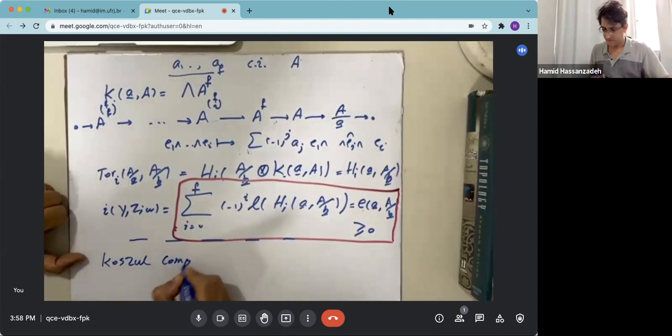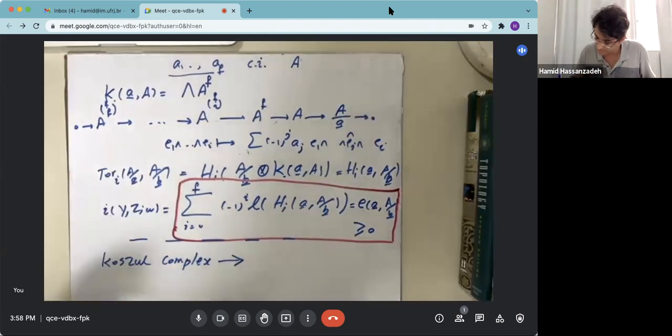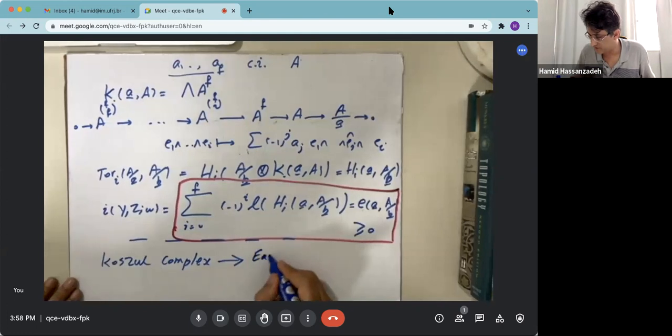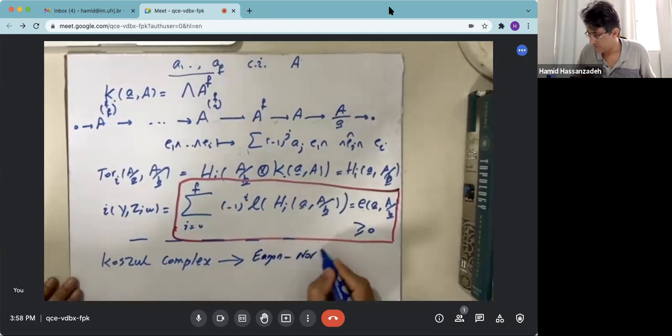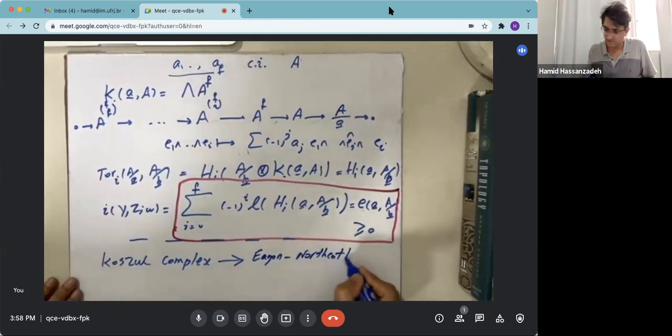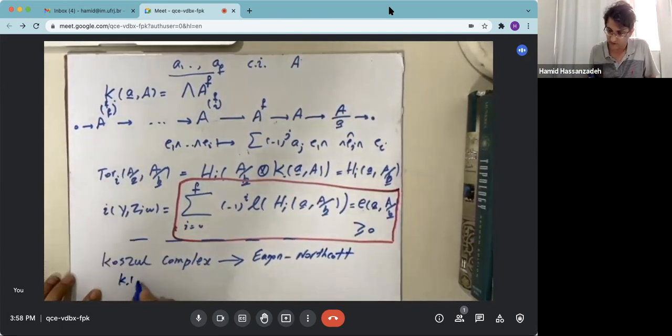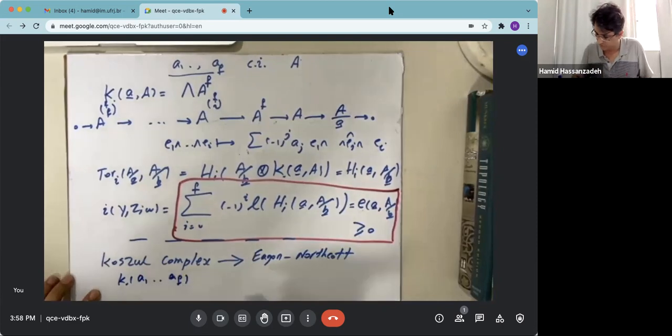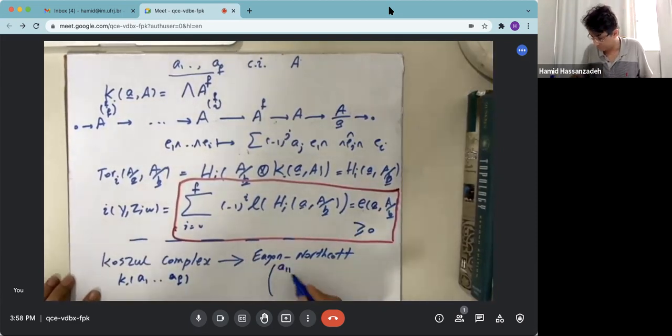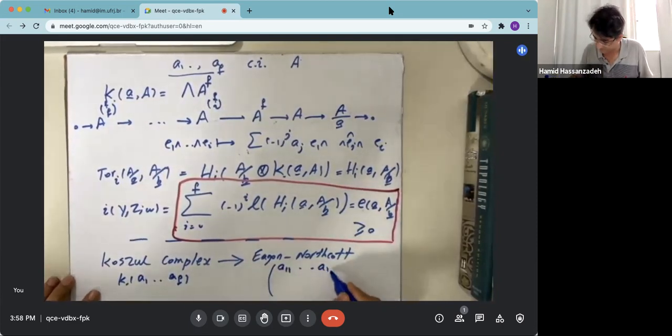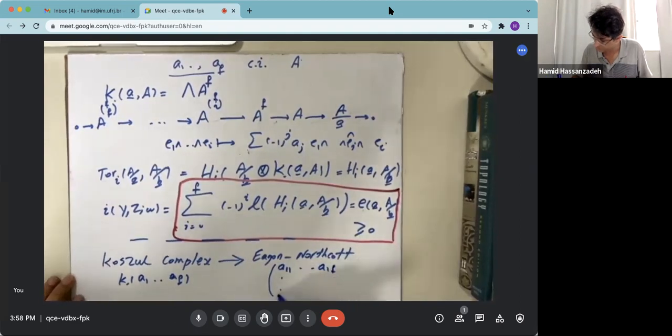So to say, regarding the generalized Koszul complex, maybe historically first Eagon and Northcott generalized the idea of the Koszul complex, which was a complex for one sequence, to a complex of modules for a matrix, right?